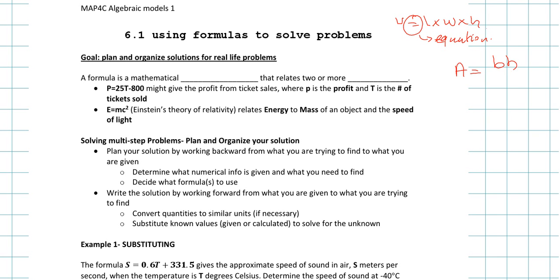Base times height divided by 2. Again, I'm relating area to the base and the height, and then I'm dividing by 2. So this is called a formula or a mathematical equation that relates two or more variables.